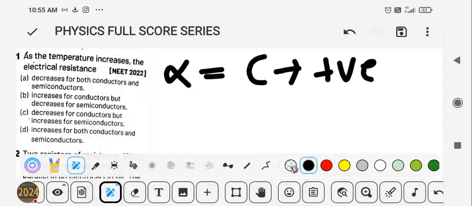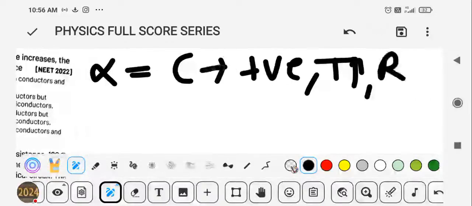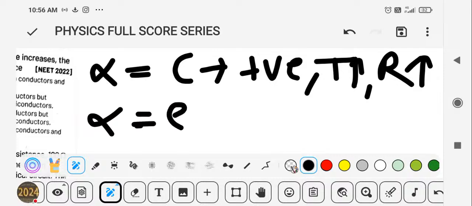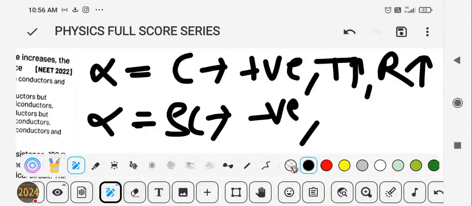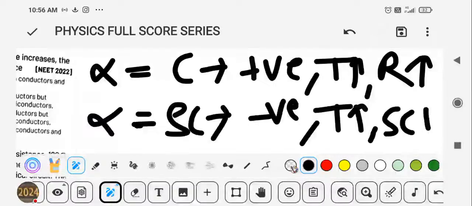That means if you increase the temperature, the resistance is going to increase. Again, for the semiconductor the alpha value is negative. That means if you increase the temperature, the semiconductor resistance is going to decrease. Again, the inverse relation is also true.